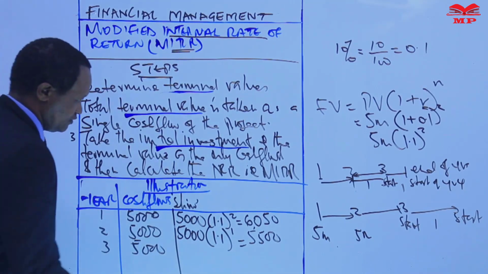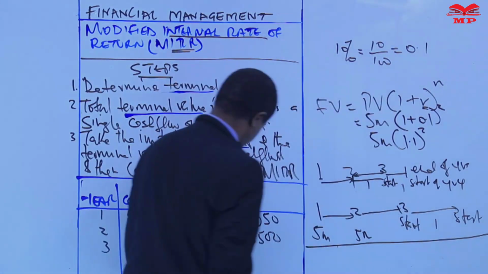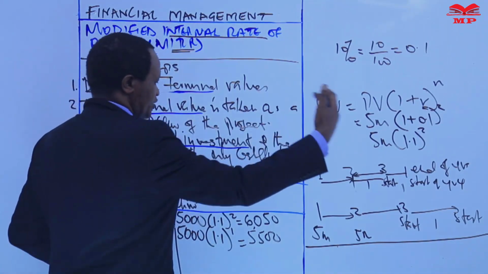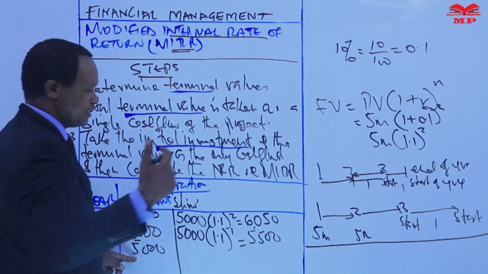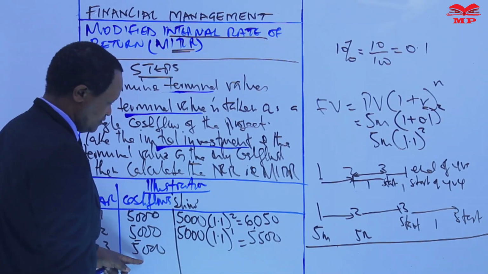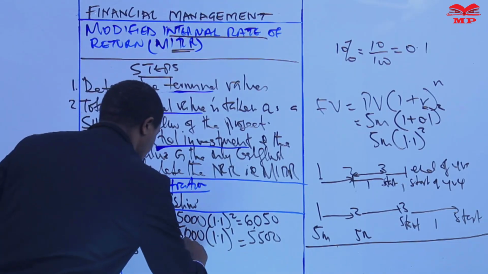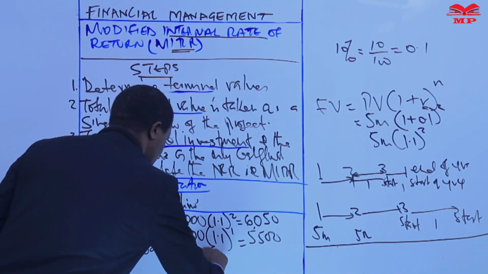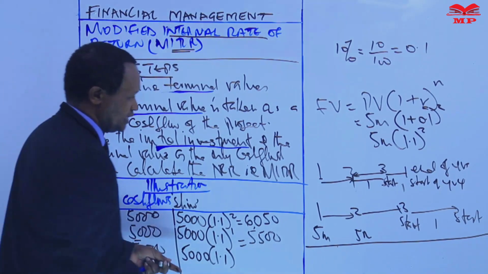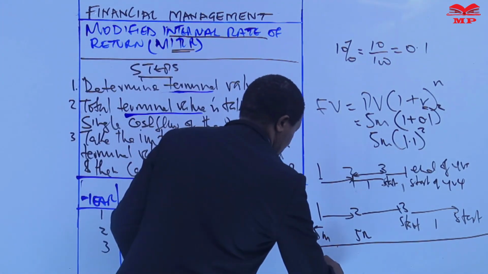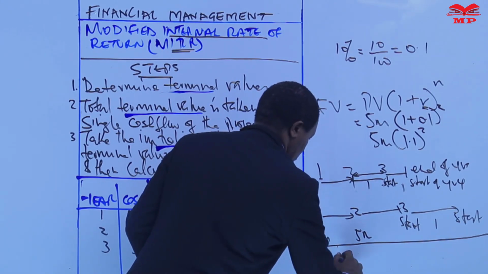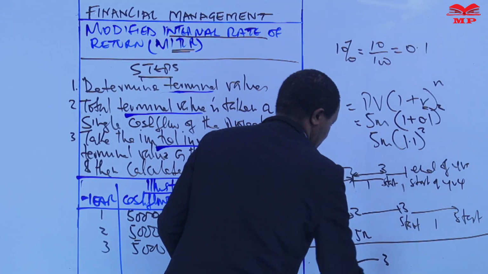So now we have this other cash flow that is received at the end of year 3. At the end of year 3 is the end of the project's life. So we're going to have 5 million at 1.1 at the end. We have year 1, year 2, then we have year 3.